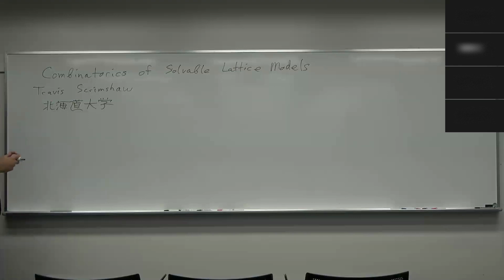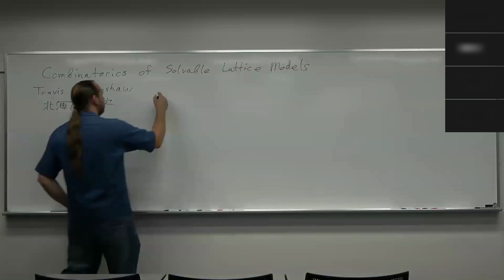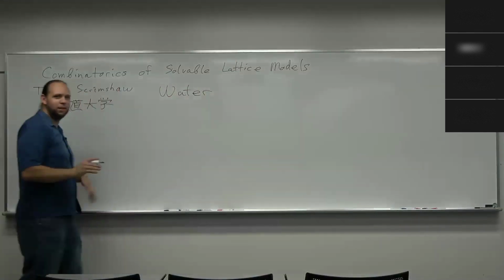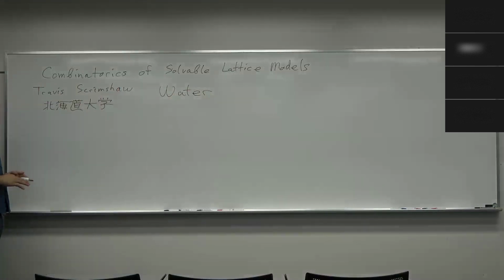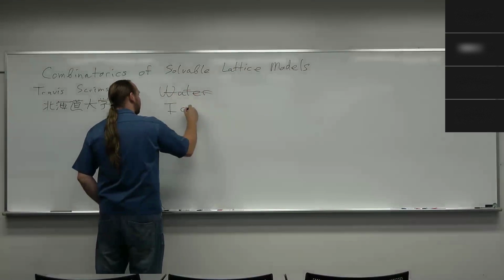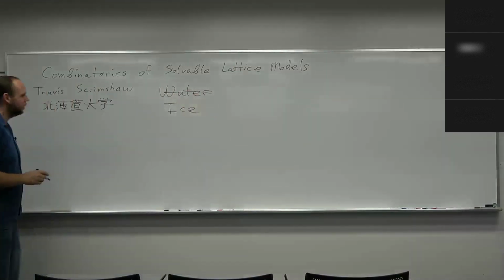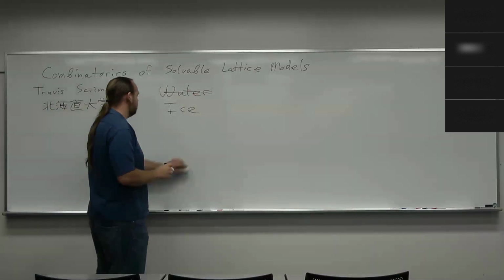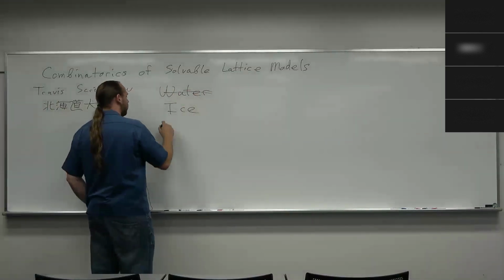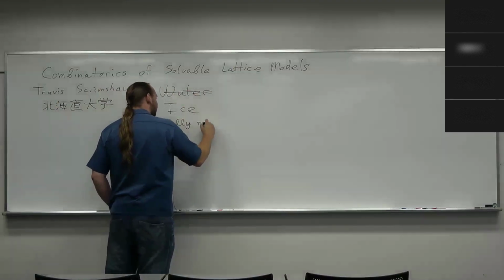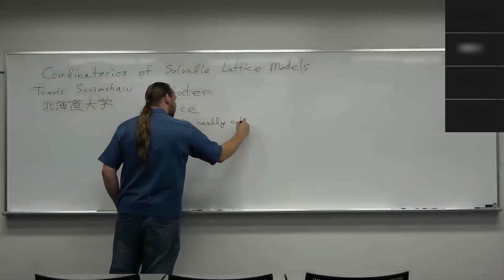So our starting point is water, mizu. Well, actually not really water. We want ice, kori, because at the end of the day we're going to consider things to be really, really cold.